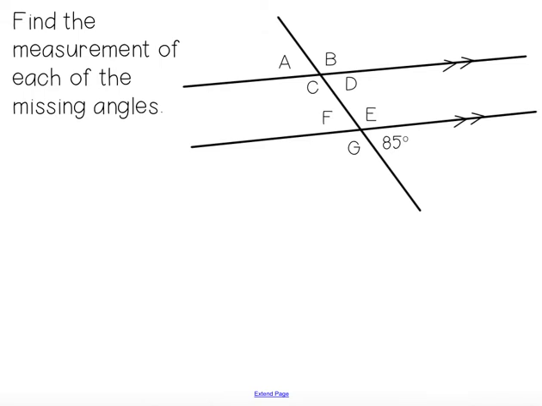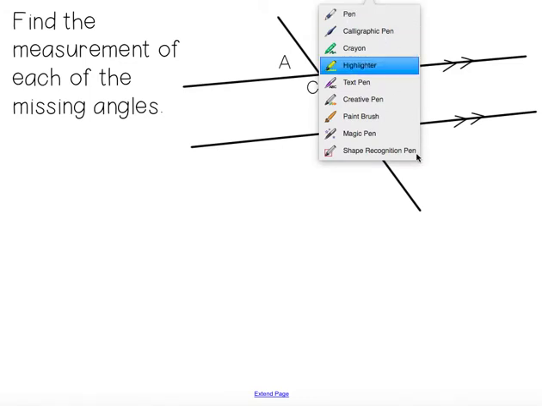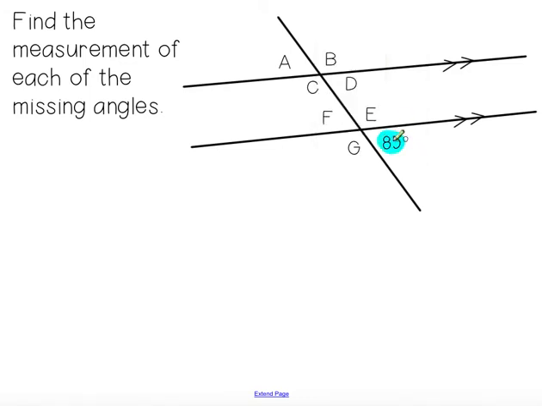One second. Okay, here we go. So with this 85 degrees, right across from it is going to be that same measure. And then this group is always the exact same as that group. So it's going to be that D is the same measure and that A is the same measure.